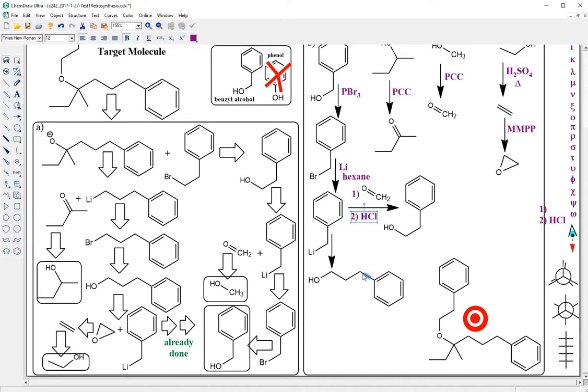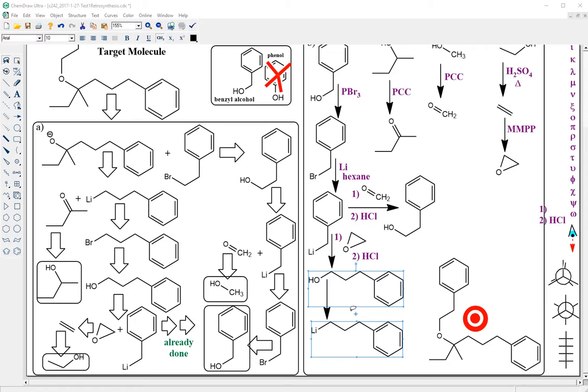To create this species down here, we have to get 2 new carbons. That is where step 1 is our epoxide, followed by, you guessed it, HCl. HCl in both reactions provides a proton for your alcohol.